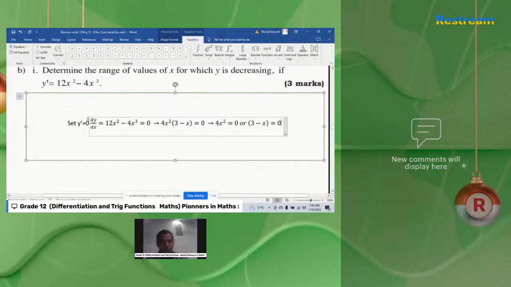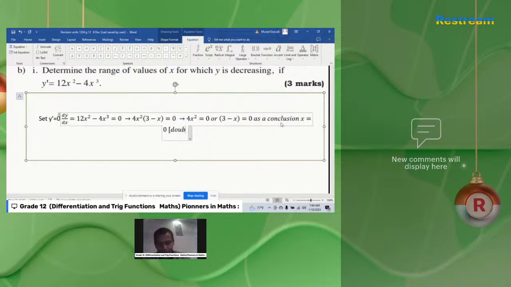As a conclusion, the roots of this function: x equals 0 is a double root, and x equals 3 is a single root.